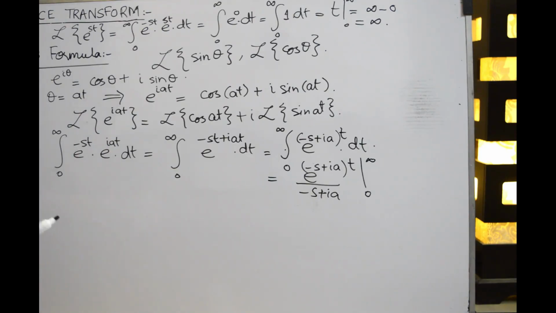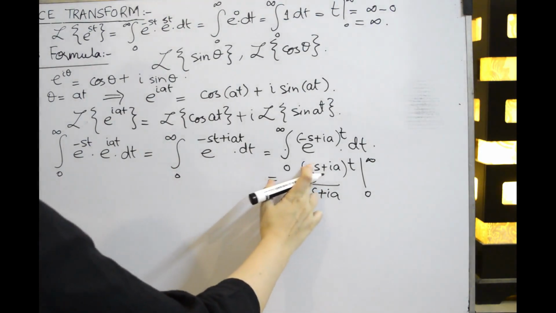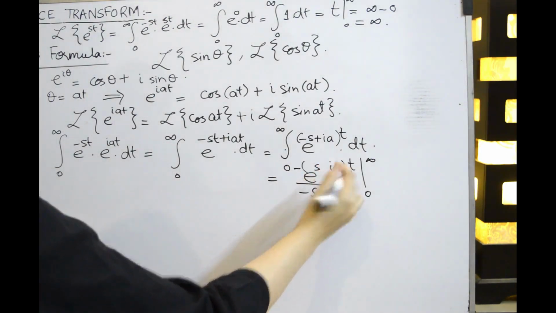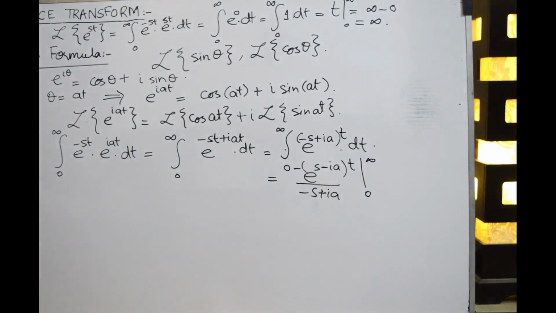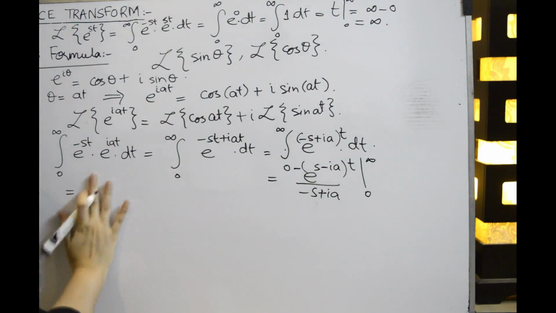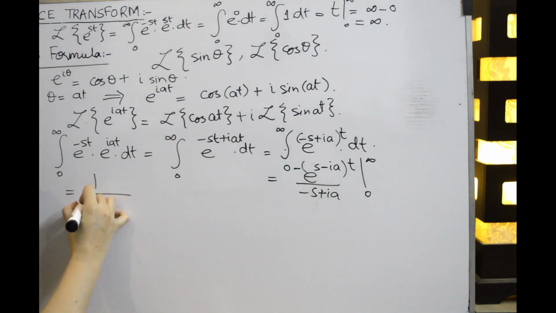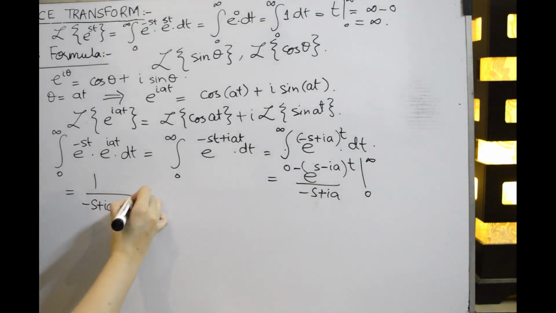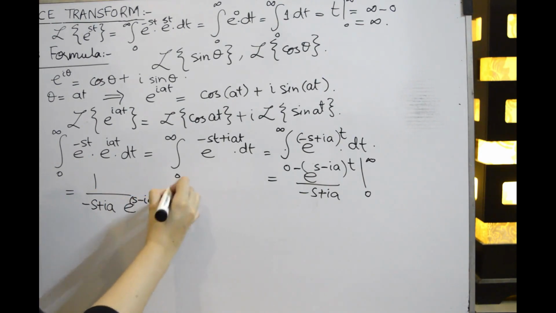To avoid the undefined value, you have to shift this exponential function into the denominator, taking the negative sign common, so it is s minus iota a. Now I can shift the exponential function, so that becomes 1 over minus s plus iota a into e to the power s minus iota a into t, and now I can apply infinity and then the 0 term.